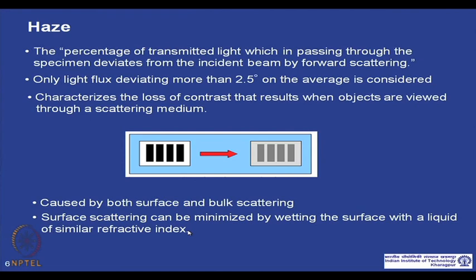In that case, that will minimize the surface scattering, because the surface is now smooth as it is dipped in liquid. So, the haze will be mainly because of the bulk scattering. Now, from that value you can find out the contribution from surface scattering and bulk scattering to the haze value.